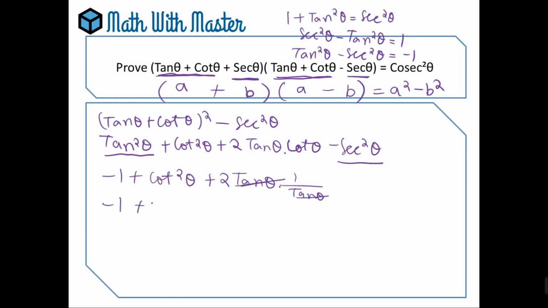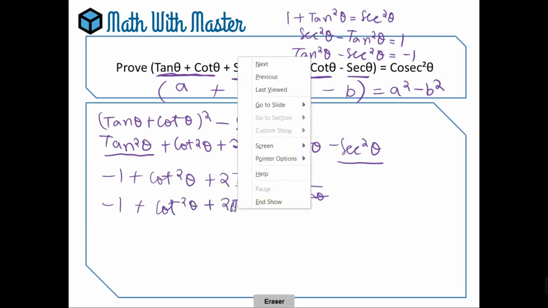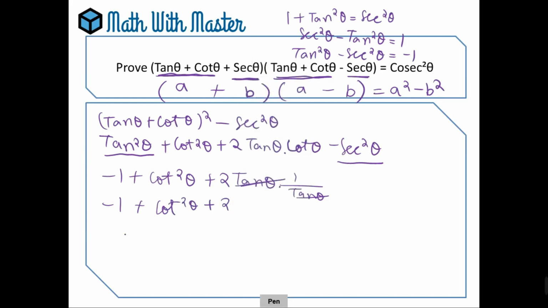So minus 1 plus cot square theta plus 2. So cot square theta plus 1 is remaining, and cot square theta plus 1 is cosec square theta. This is what we need to prove. We have proved this question here.